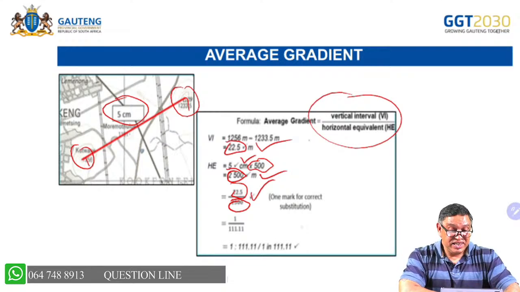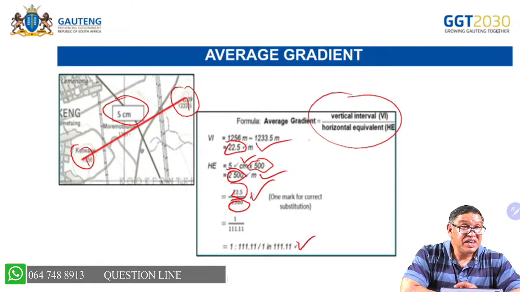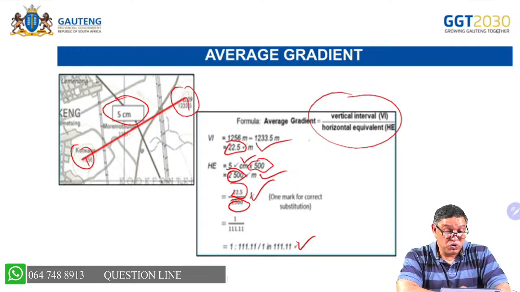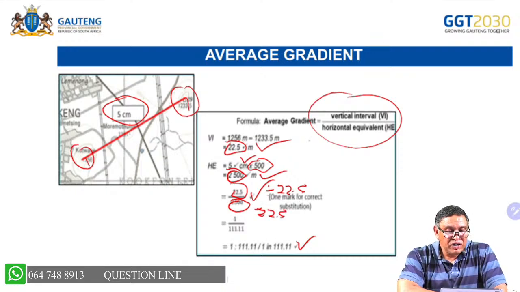And lastly, I express it as a ratio, okay? And remember here, guys, I forgot to mention one thing: it's not normal division. You take the smallest figure, you want to bring one figure down to 1, like 22.5, you divide it by 22.5. If you do that to the top, you must do it to the bottom, 22.5. And when you divide this, it's 1 over 111.11.